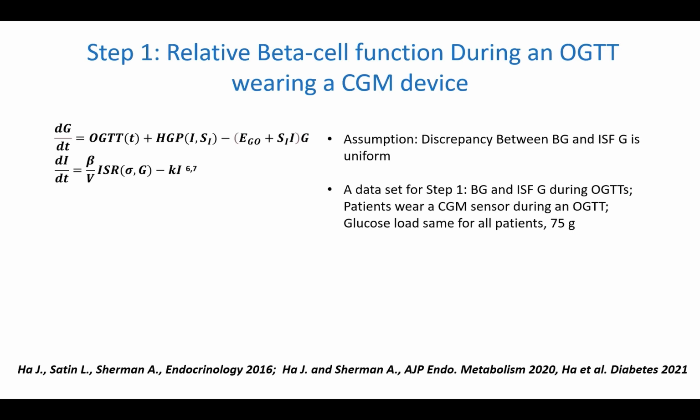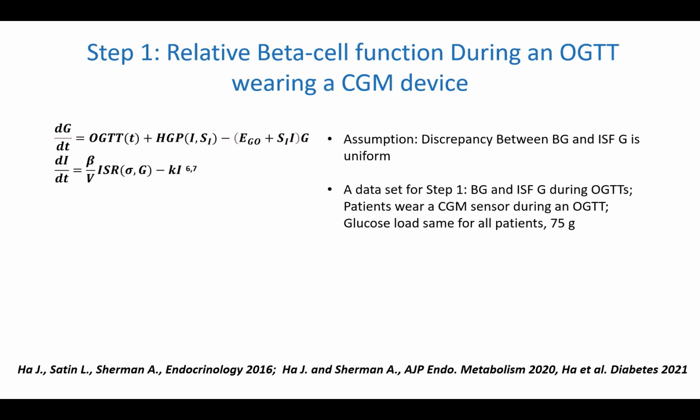In this case, the glucose load is the same for all patients, 75 grams. So this is kind of a mini project to estimate relative beta cell function from CGM.